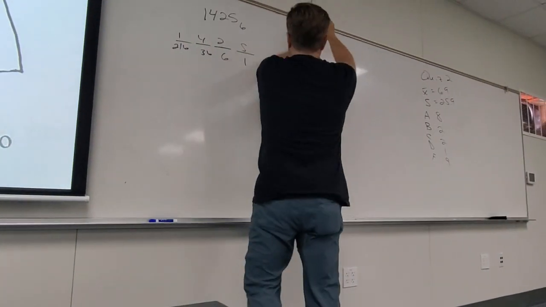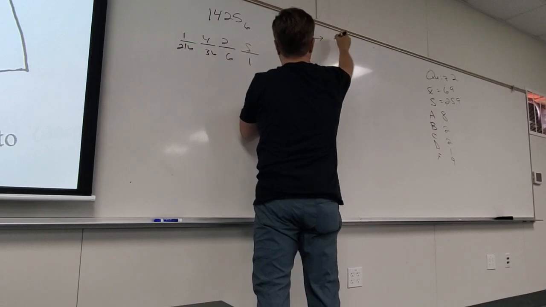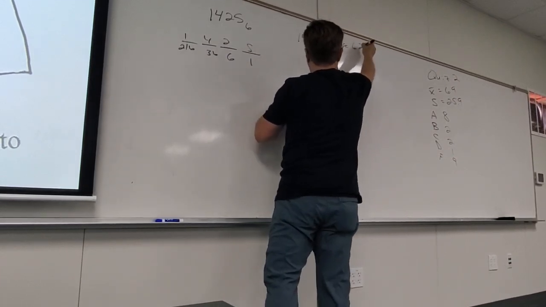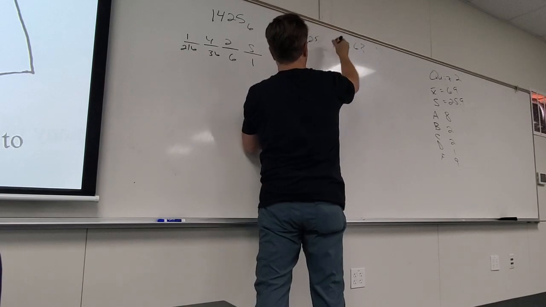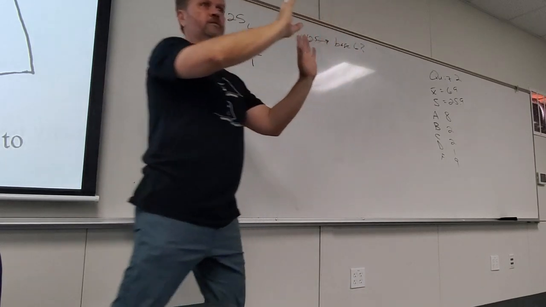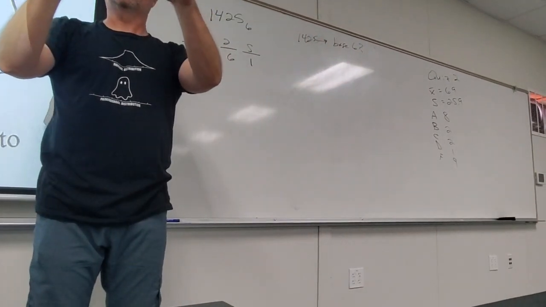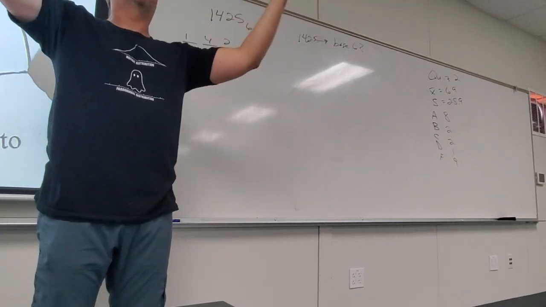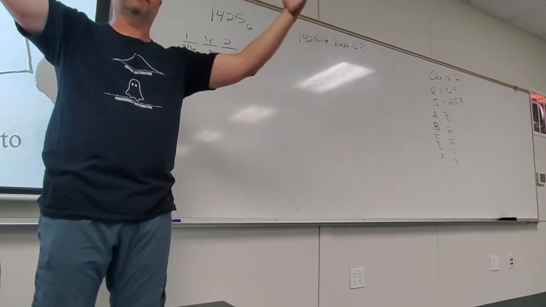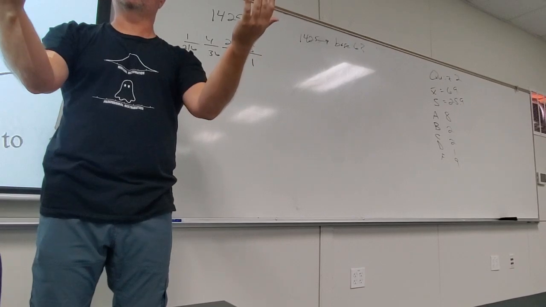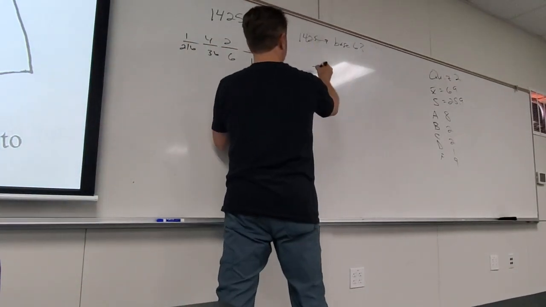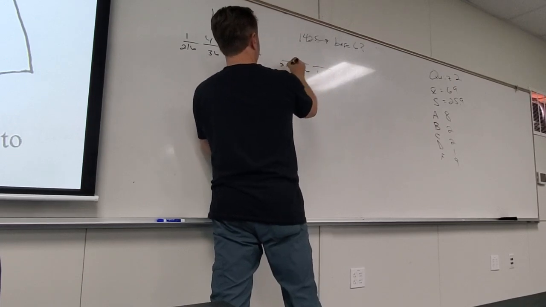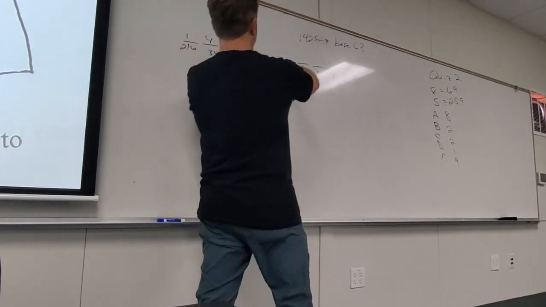If I give you a number like 1425 and I want that to go to base 6, that sucks a little bit because now the places are all empty. Does that make sense? I don't know what the places are in base 6. That's the problem. Do you have to go another one? What's another one? What would another one be?